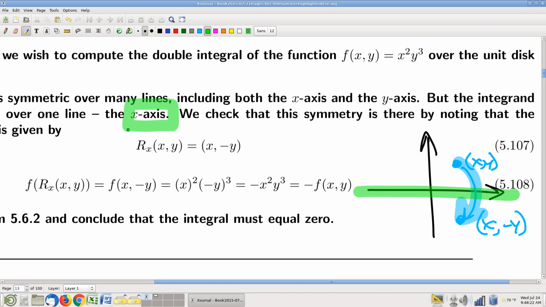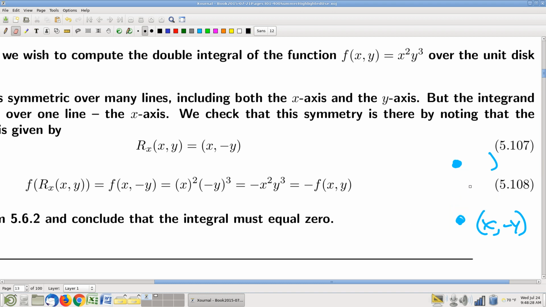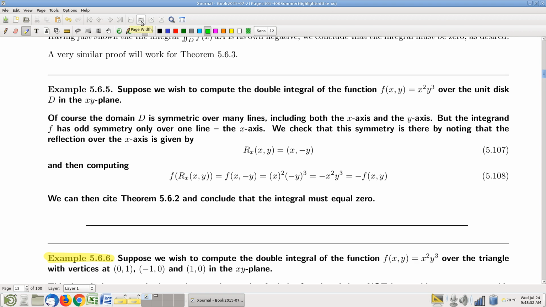Okay. All right. So, moving along. Let's do another example here. Let's suppose we want to compute, same function, you'll notice, same function, an integral over the triangle that has vertices at these 3 points.